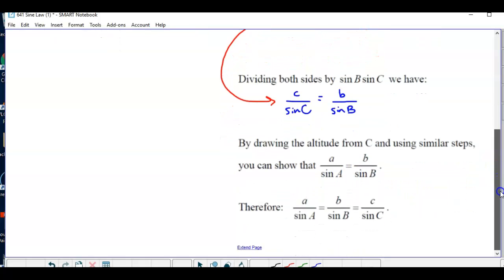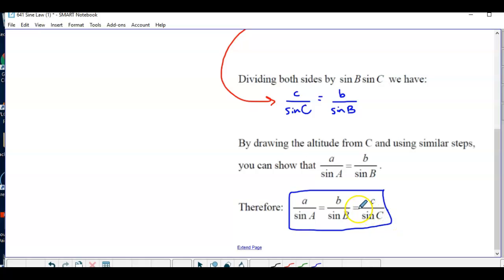Or we could do it on the other side and get a relationship between A and C. In any case, we can put them all together. There's your sine law. Anytime we use this, we choose two of these ratios, because then it's a proportion question that we can solve.